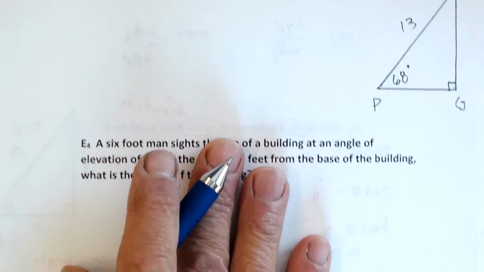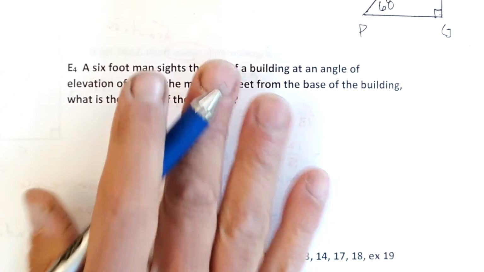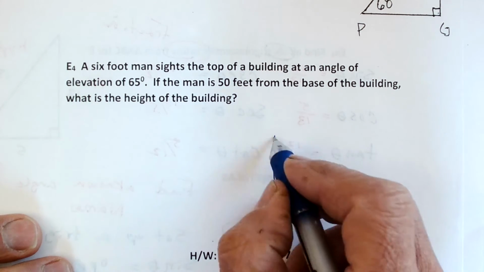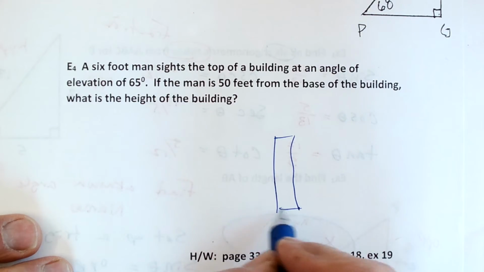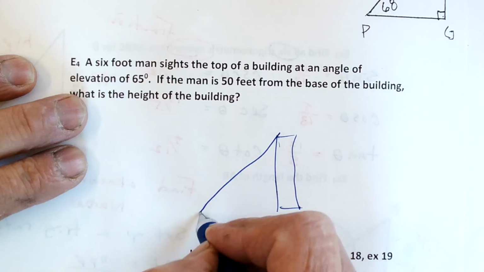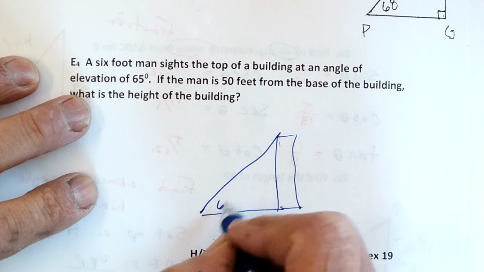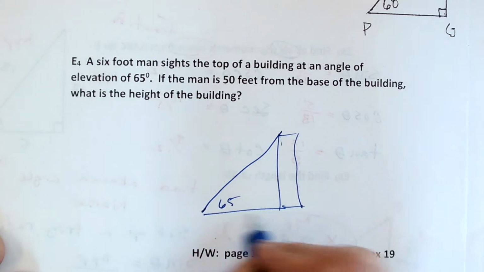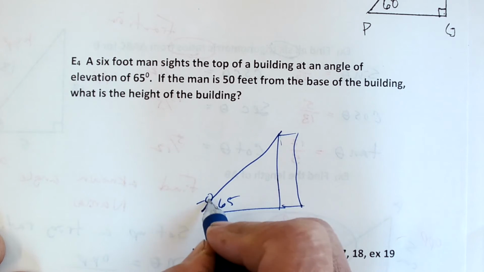look at 4, okay? So a man sights the top of a building at an angle of elevation of 65 degrees, except there's one thing we got to be careful with, and that is the man sights the building, he's 6 feet tall.